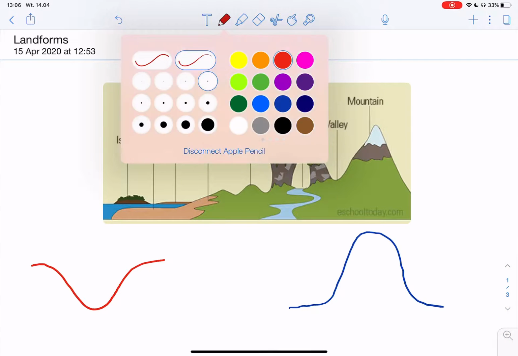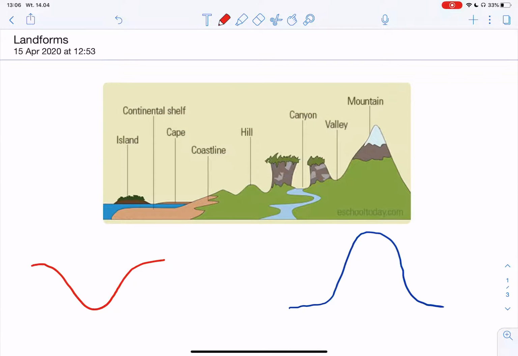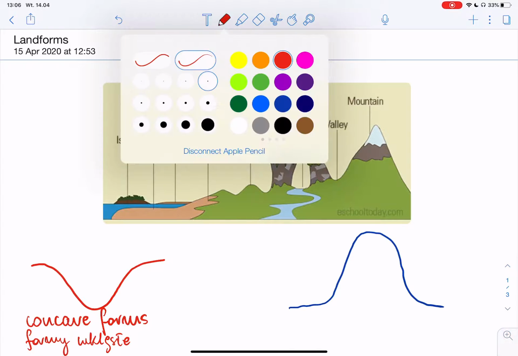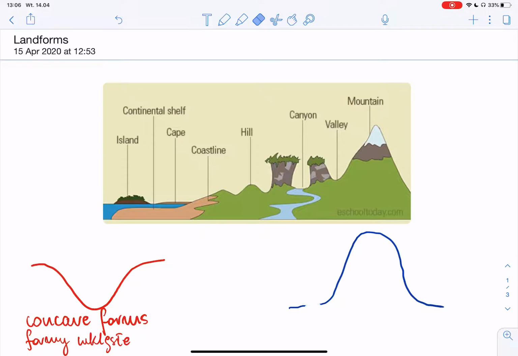The red ones are the concave forms, czyli formy wklęsłe. Some of them are like this. Convex forms. Formy wypukłe.